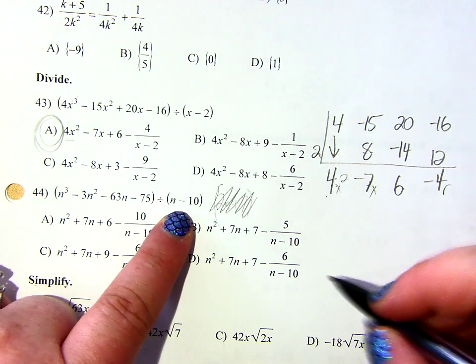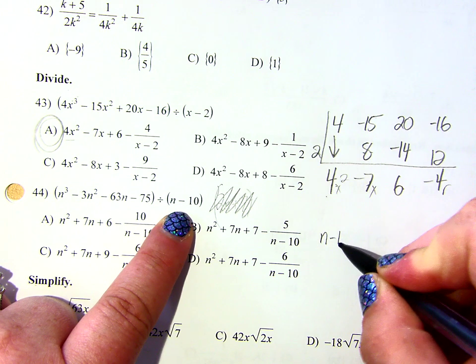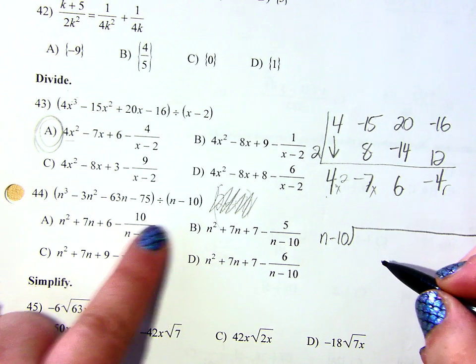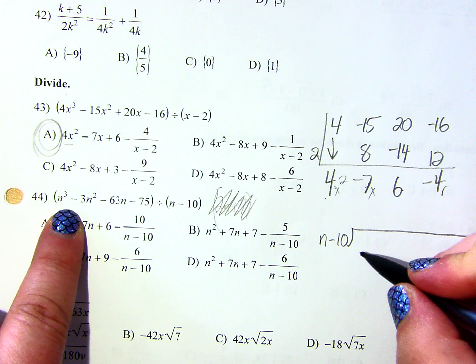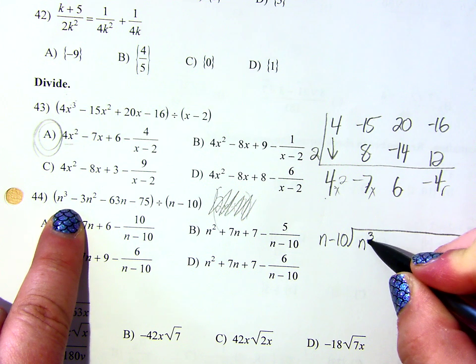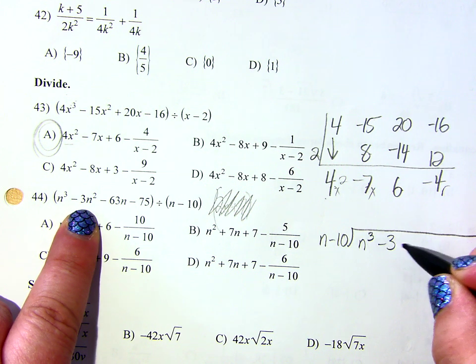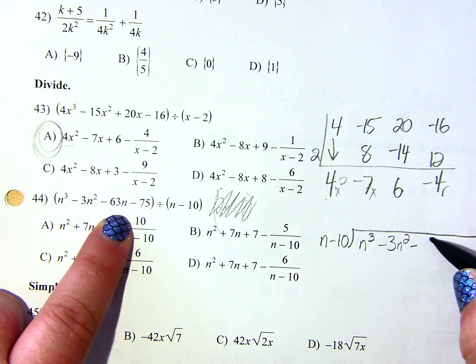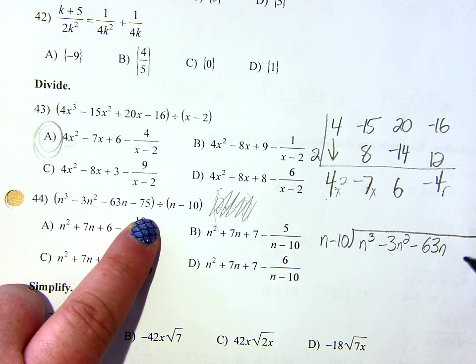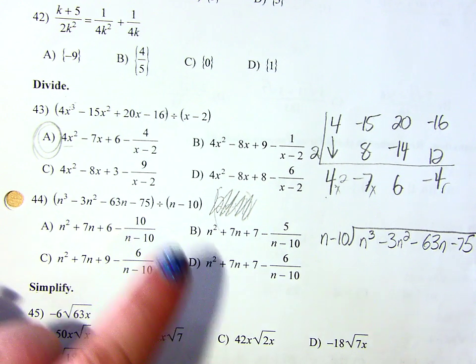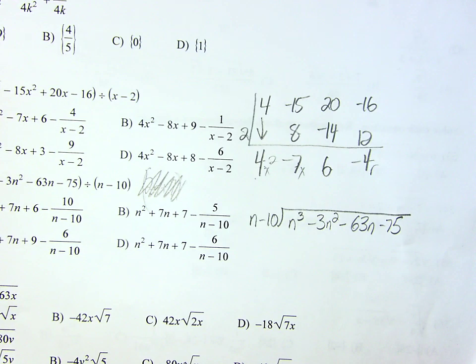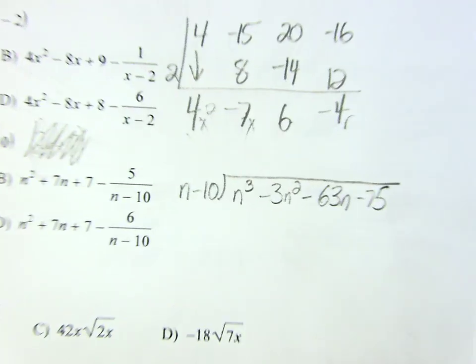So I'm going to put the divisor on the outside, the dividend on the inside, make sure it's in standard form, and I don't need any 0 placeholders. 3, 2, 1, none. It's already in standard form, so I'm good to go.